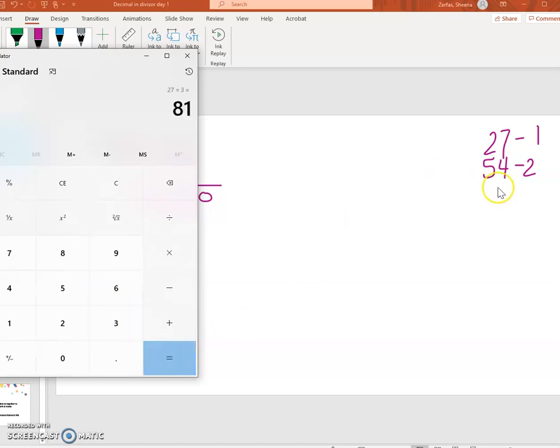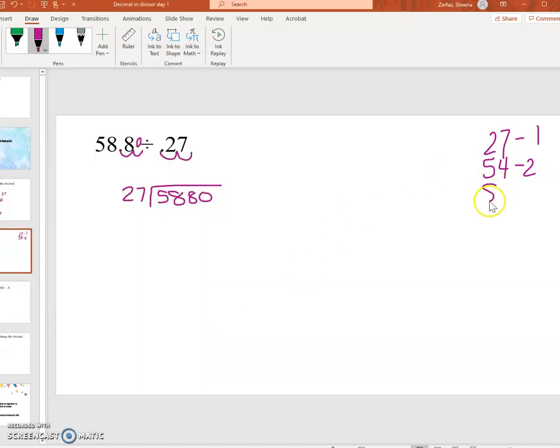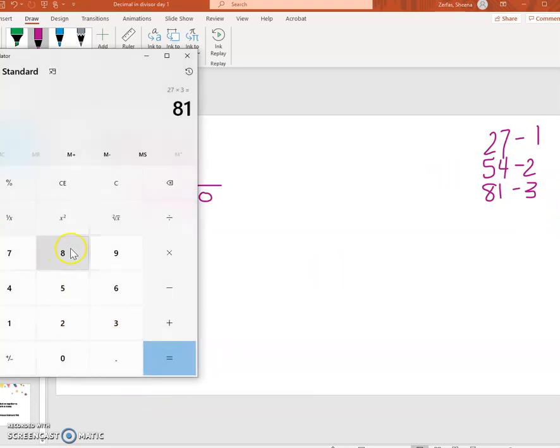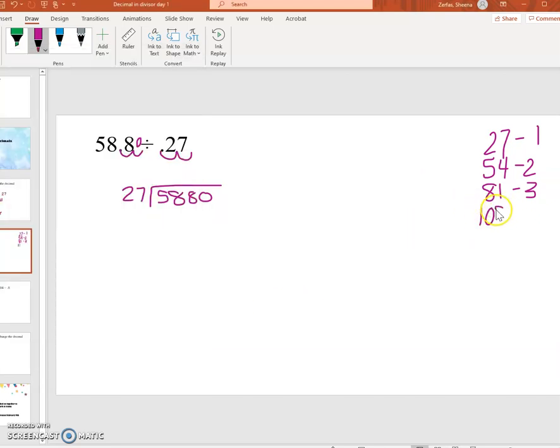We only need to go up to 9 groups because we're only going to be able to place 1 digit on top as we're dividing. Again, I would continue my list. This is a place where it is okay for you to be using a calculator, and this is going to help us on our dividing step.